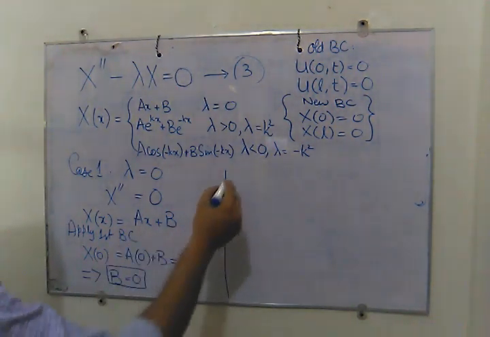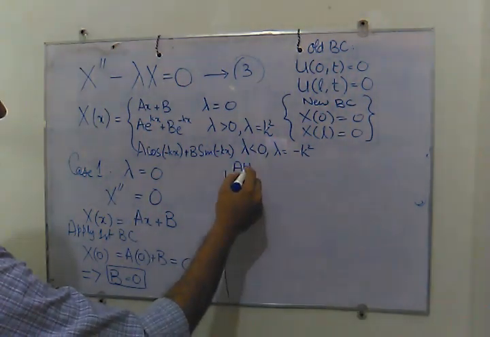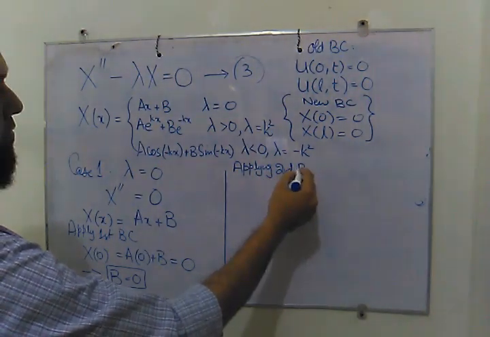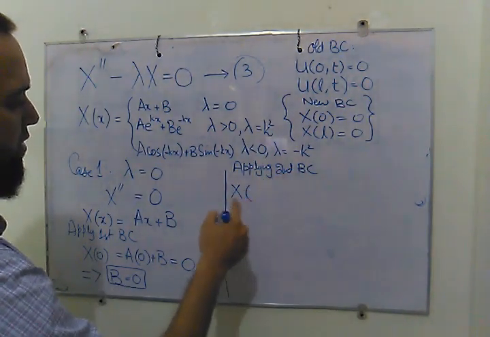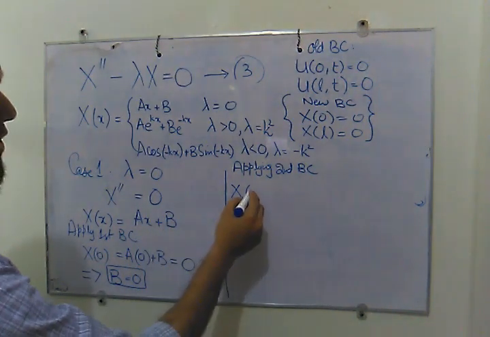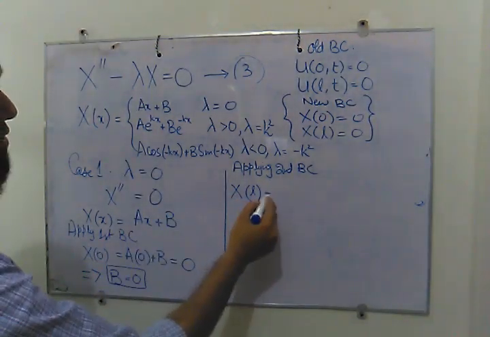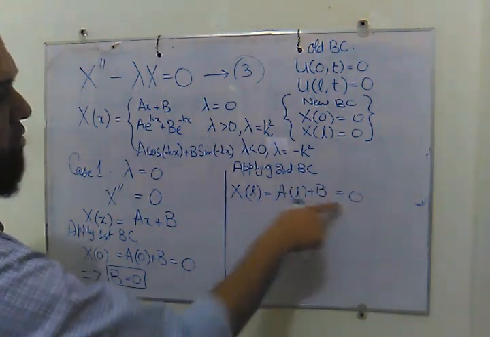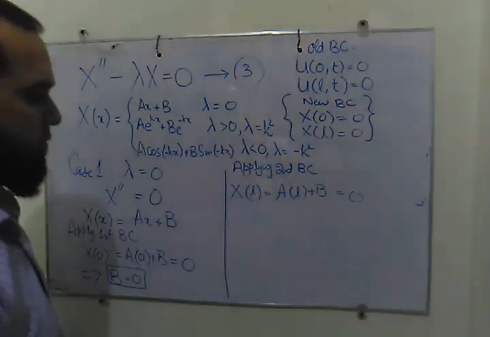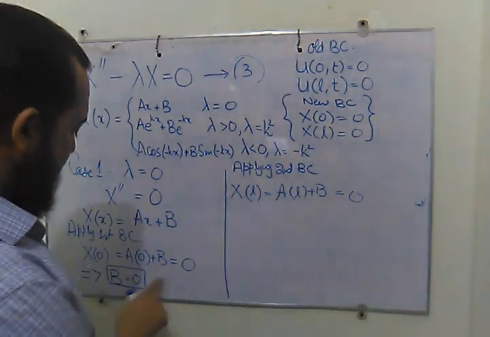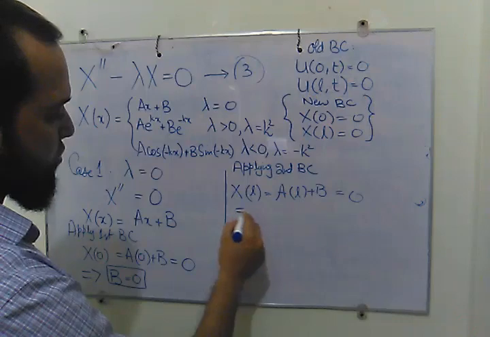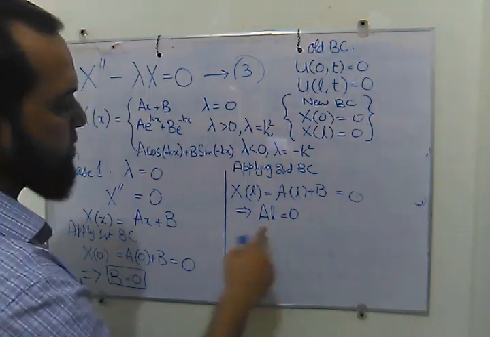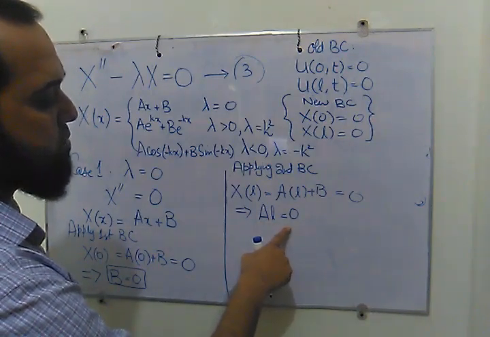Now we go to the second boundary condition to get the value of a. We are going to use the general solution again. X of L is equal to a into L plus b, which is equal to 0 because X of L is equal to 0, as we have seen here. We already found that b is equal to 0. This shows that aL is equal to 0. This means that the product of two numbers is 0, so one must be 0.